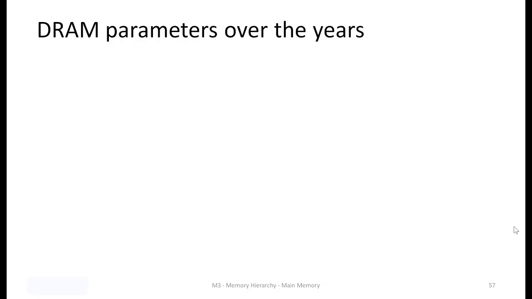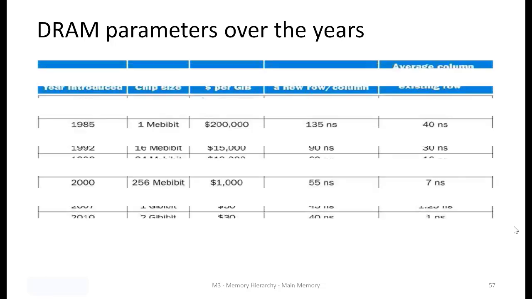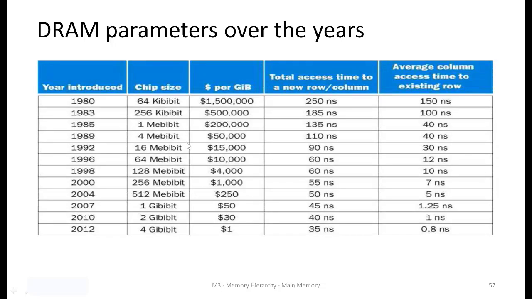Now, if we look at the various DRAM parameters, which are the physical chip's capacity, the cost, access time of a row and a column, and average column access time to an existing row, which is basically tCAS, and this is tRCD.